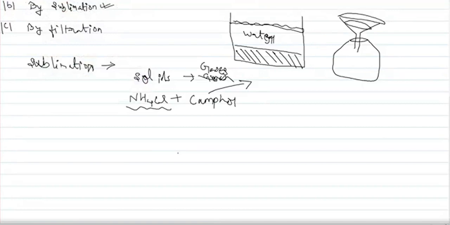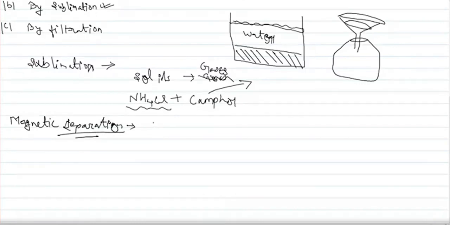Okay, next is magnetic separation. Also we can separate two solids by magnetic separation, but here one of the two substances must be magnetic.